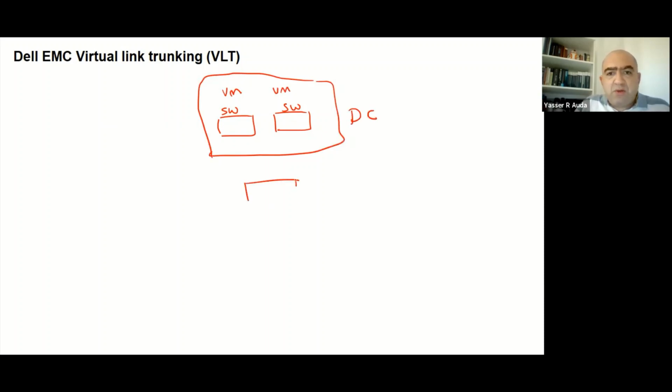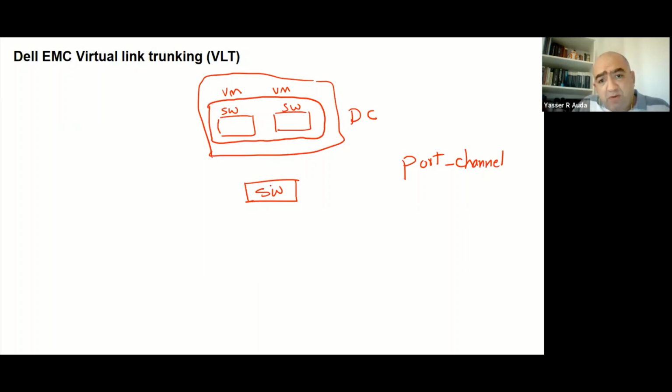And let's assume that we have a physical switch here, and this physical switch needs to be connected with these two switches with port channel. Since they are two switches in the data center, it will be good to deal with them as one device, as one device from the perspective of this switch.